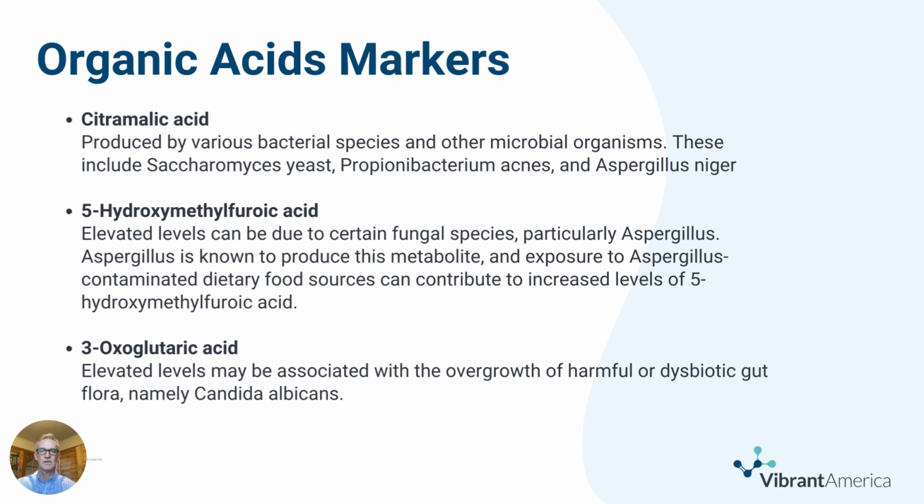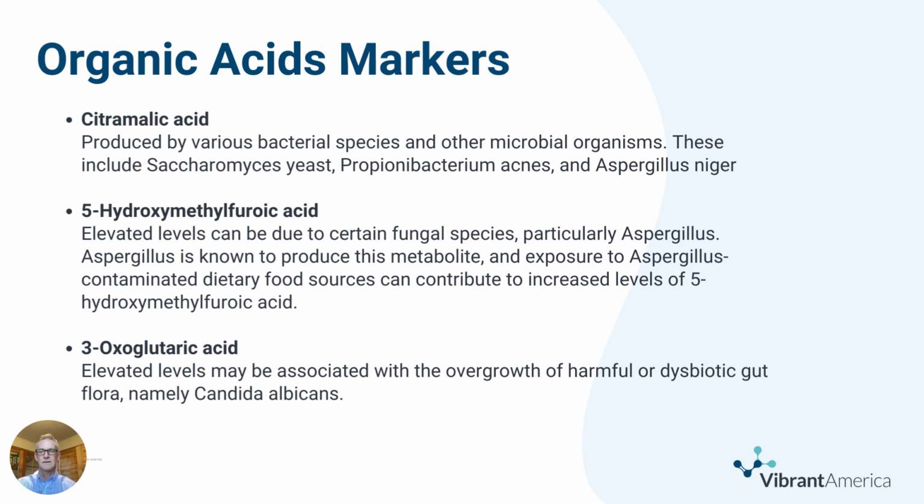Aspergillus is pervasive in the environment, can be in food, can be in the air, etc. So this one is definitely pretty key for diagnosing an Aspergillus overgrowth or an infection.